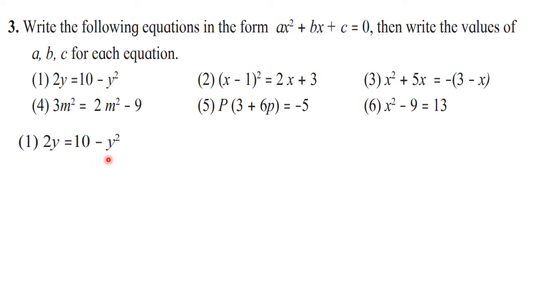That means the term with highest order, in case of quadratic equation it is 2, we are going to write first, then the term with the order 1, and then the constant. So this minus y square, when we are shifting to left hand side, it will become plus y square. Then plus 2y after that, and then 10 will appear as minus 10.